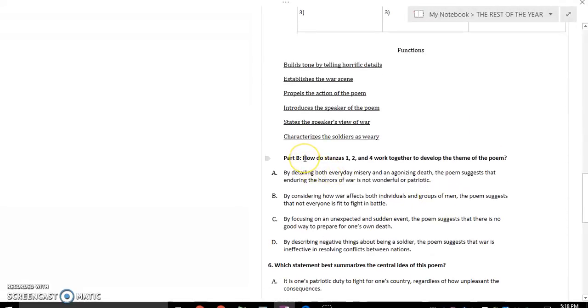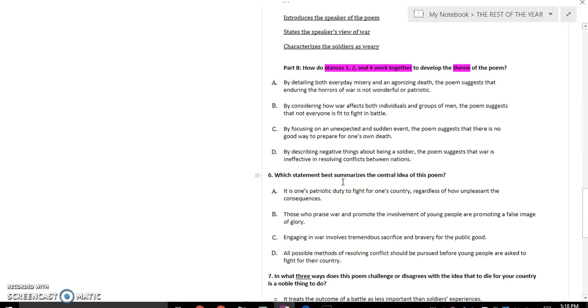So then, how do stanzas 1, 2, and 4 work together to develop the theme of the poem? So how do these stanzas work together to develop theme? And then number 6, which statement best summarizes the central idea of this poem?